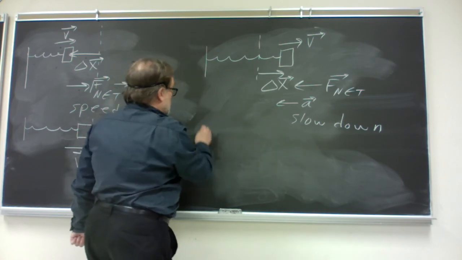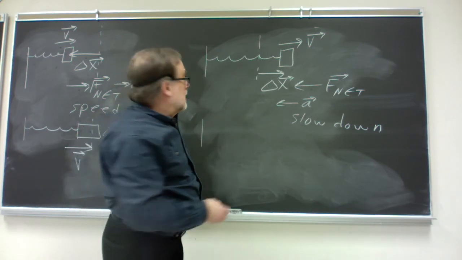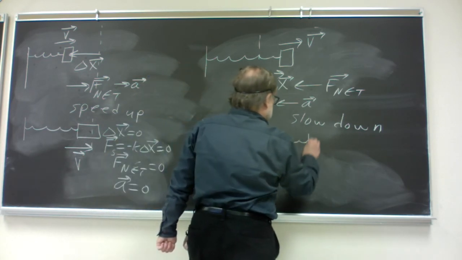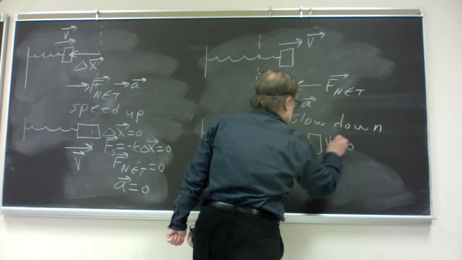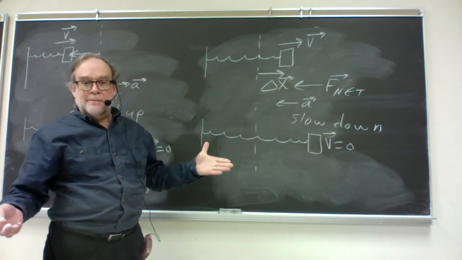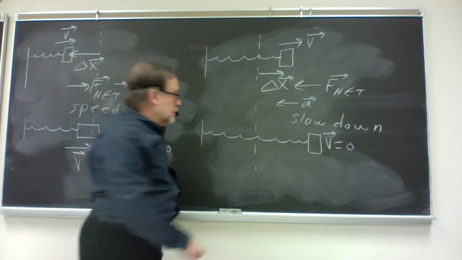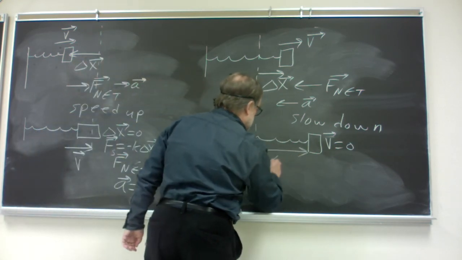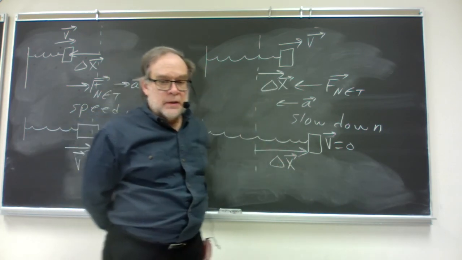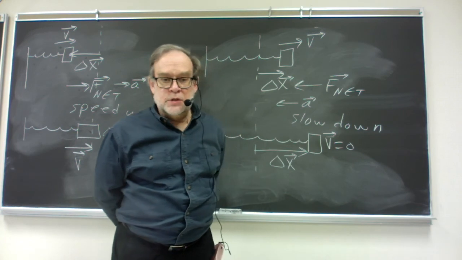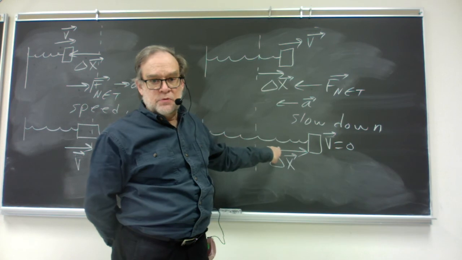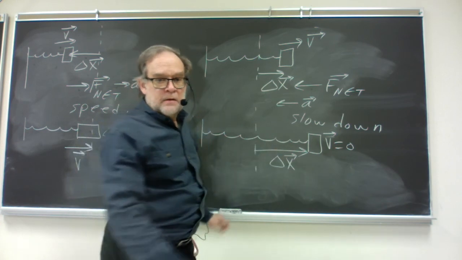So now the mass is slowing down. Eventually it slows down all the way to a stop. Zero velocity, but when it comes to a stop, it's displaced away from equilibrium. The spring is stretched by that much, and since there is a displacement away from equilibrium, there is a spring force.